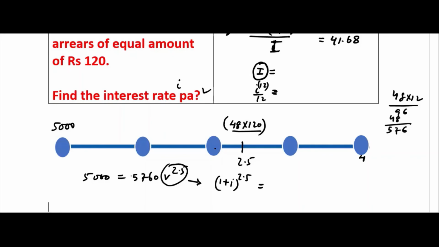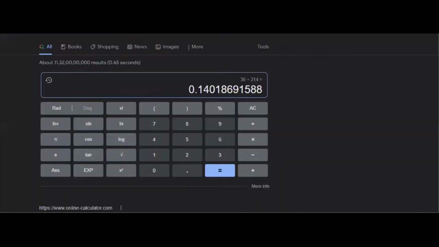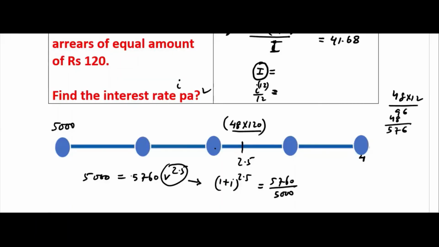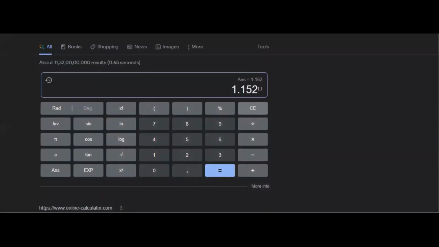Okay, and that will be equal to 5760 divided by 5,000, and then we'll make 1 upon 2.5, we'll subtract 1. This is the right hand side. Then you have to take power. See what is the power you need to take? 2.5, right? So 1 upon 2.5.